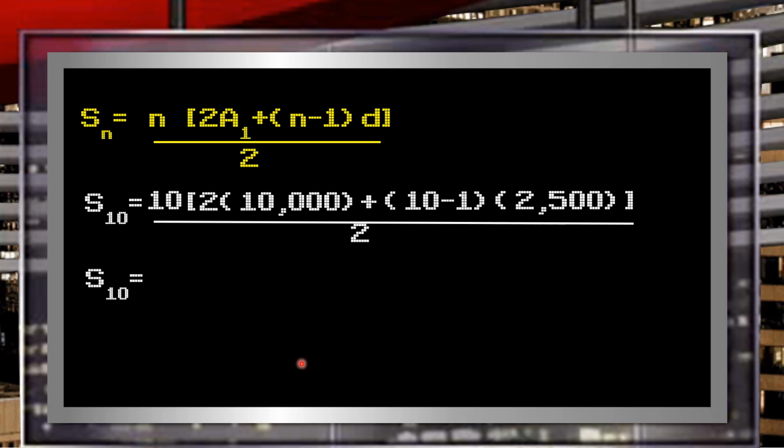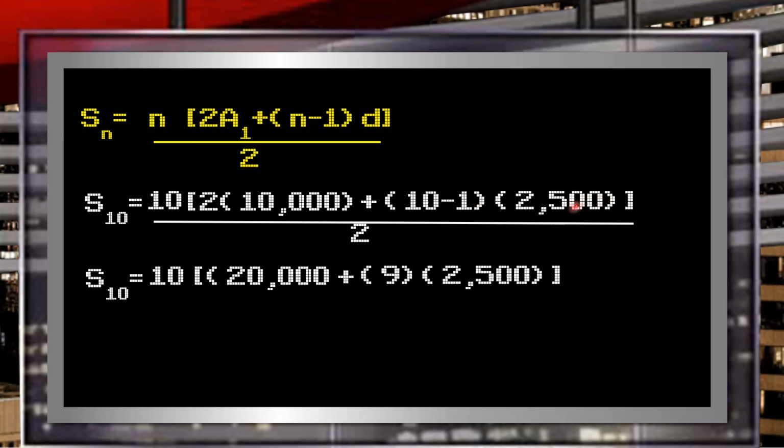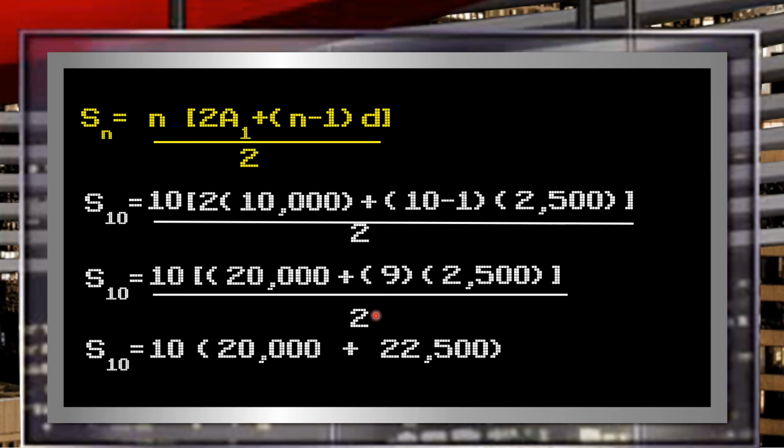So, S sub 10 is equal to 10, 2 times 10,000 is 20,000, plus 10 minus 1 is 9 times 2,500 divided by 2. And then we have S sub 10 is equal to 10 times the quantity 20,000 plus 9 times 2,500. So, ito yun, 22,500 divided by 2.